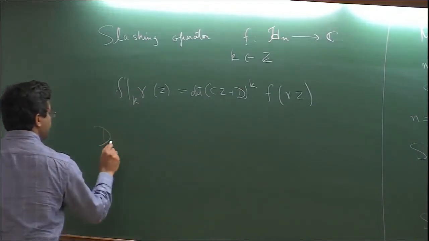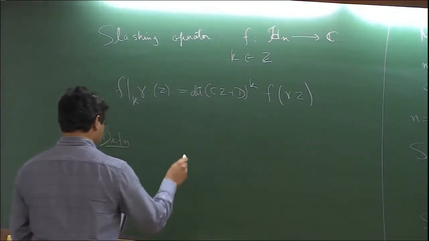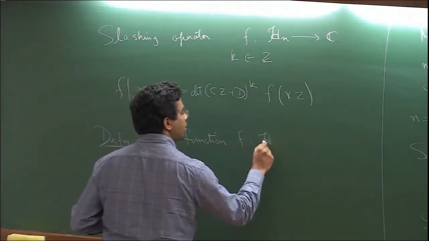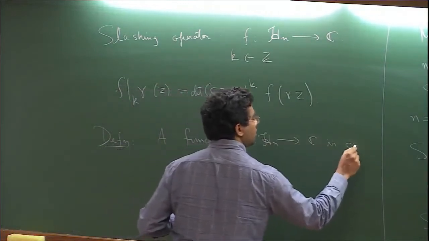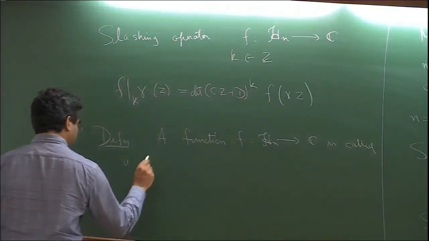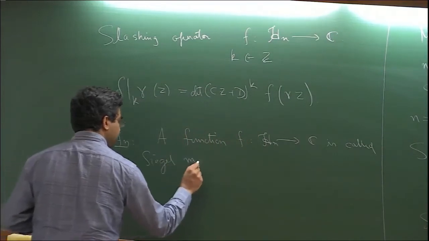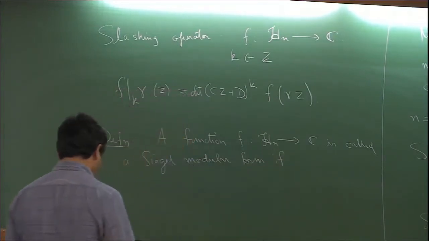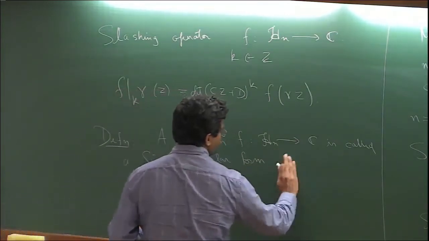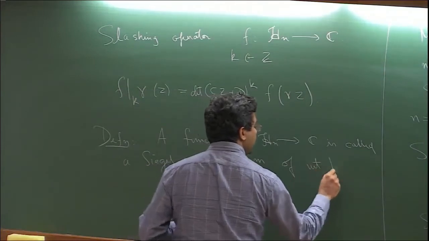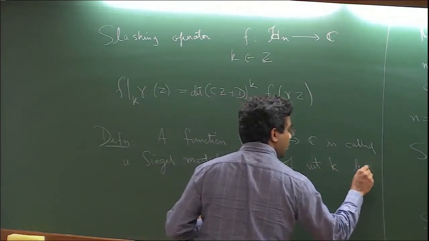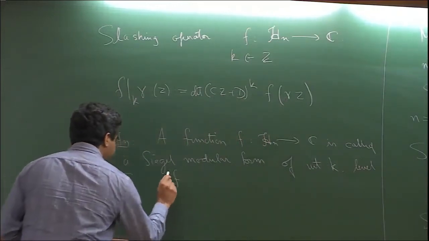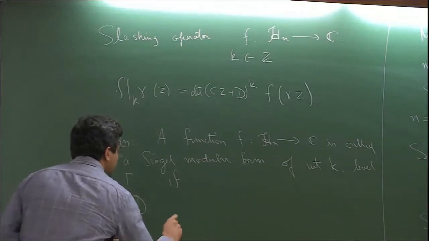Okay, so definition: a function f from Hn to C is called a Siegel modular form of weight k, level gamma for some congruence subgroup gamma, if three things are satisfied.